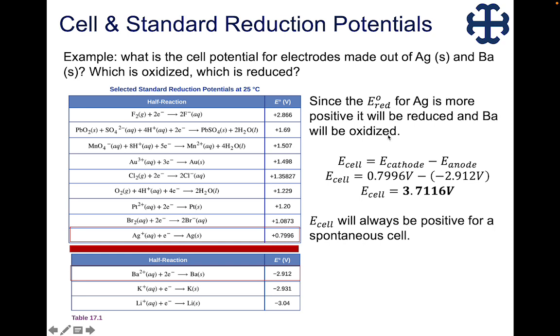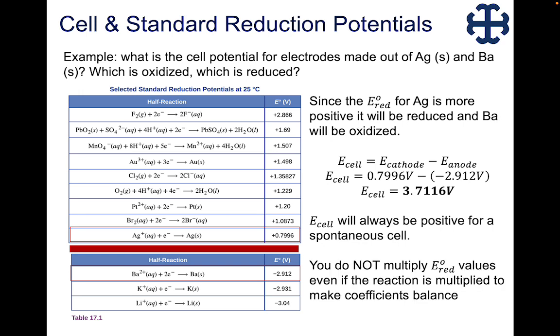We could also say E red plus E ox, okay? And either way, we should end up with the same answer of this 3.7116 volts. And a reminder that E cell is always going to be positive for something that is spontaneous. Spontaneous is another way to say favorable, so something that will generate electrical potential for us.